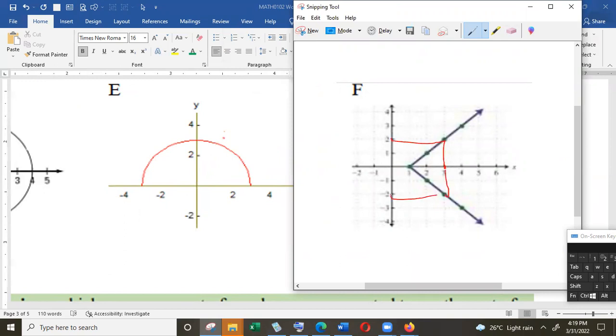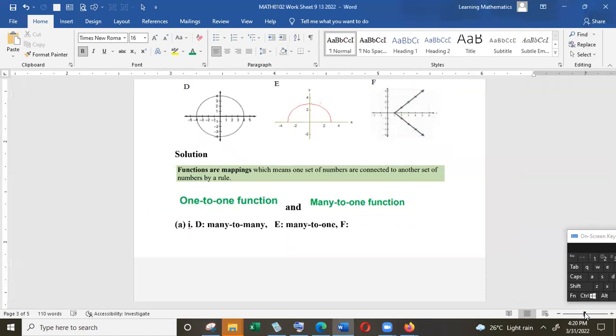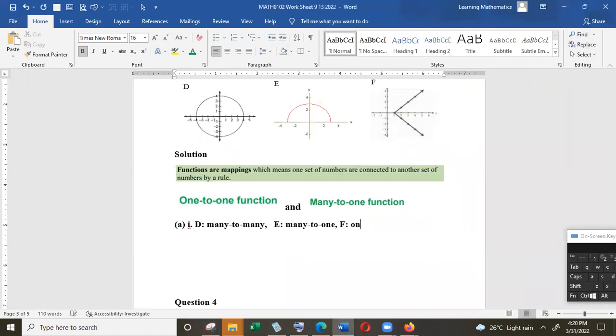So what is actually going on? One is going to many, isn't that so? Okay, so F is a one-to-many. Look at it again. 4 is going to 3, and that same 4 is going to -3. So one is going to many. So F is one to many.